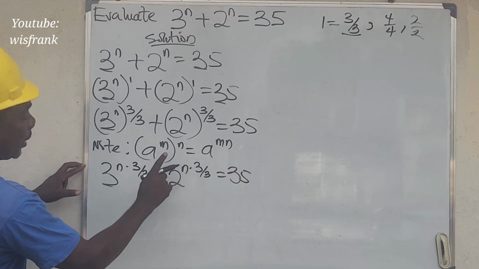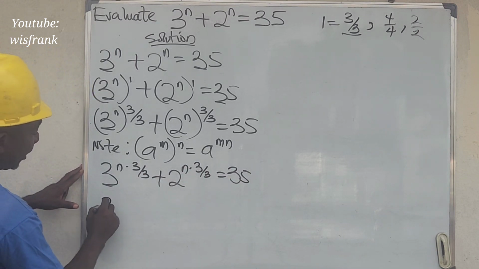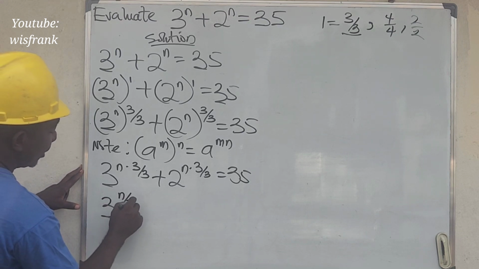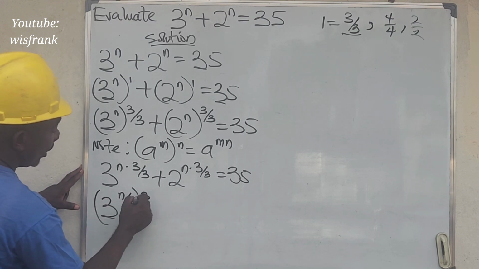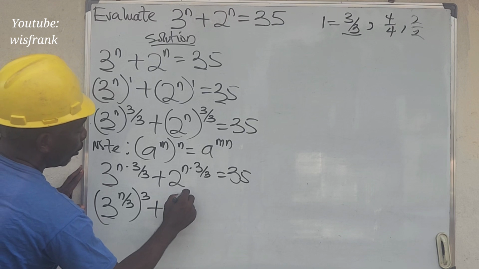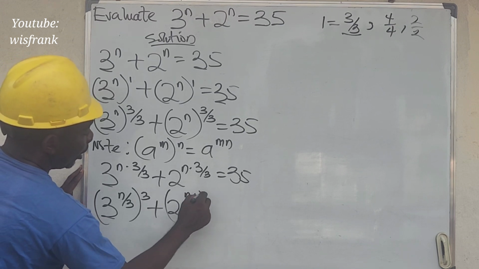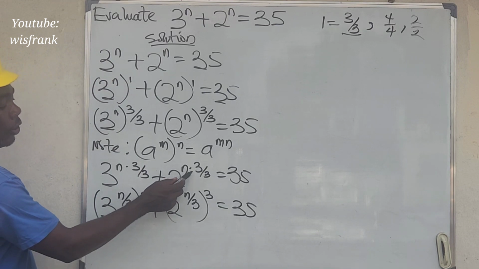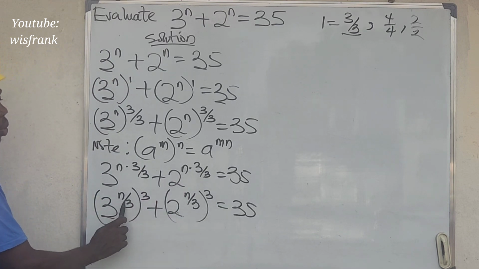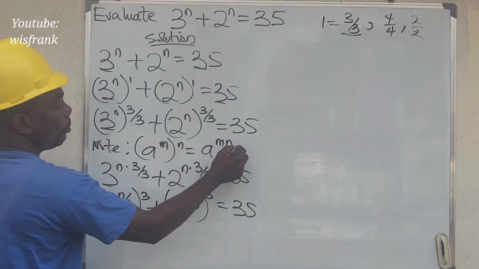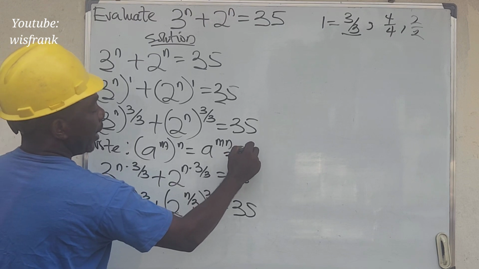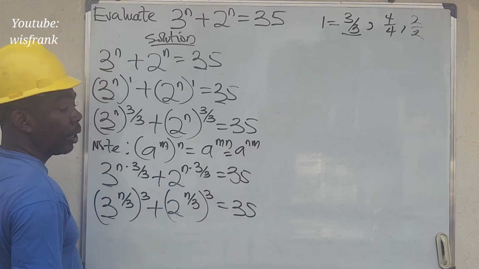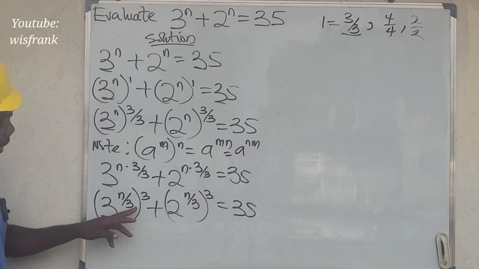And here, this can be written as 3 to the power of n all over 3 all to the power of 3 plus 2 to the power of n all over 3 all to the power of 3 equals 35. We just interchange this. So this is what we have here. And this can be written also as a to the power of nm. Either of the two can interchange each other.